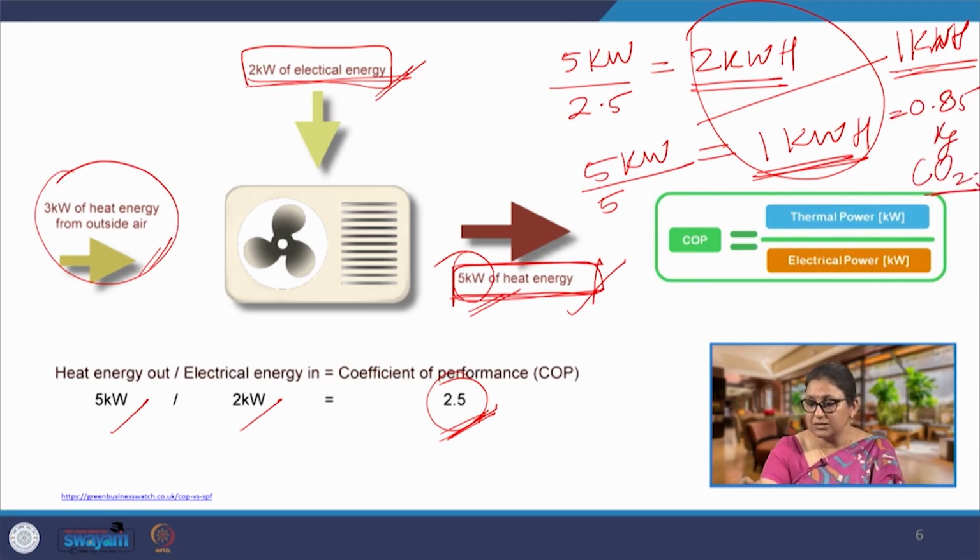So, we can simply multiply that in 1 hour. If you change the COP of the HVAC system from 2.5 to 5, we will have a carbon emission saving of 0.85 kilograms. So, this is how we can calculate how much energy is saved if we change the COP, and how much will be the carbon emission reduction.